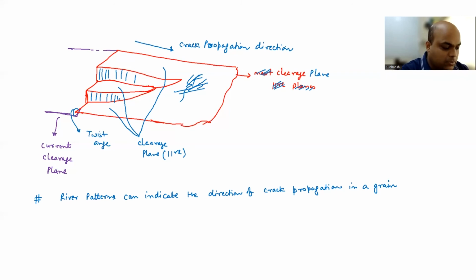So now let me talk quickly about the tongue, as well as chevron and the radial patterns. So, tongue. Again, this forms during propagation.